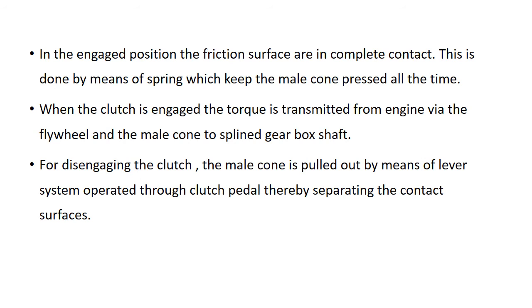When the clutch is engaged, the torque is transmitted from the engine to the flywheel and the male cone to the splined gearbox shaft. For disengagement, the male cone is pulled out by means of a lever system operated through the clutch pedal, thereby separating the contact.